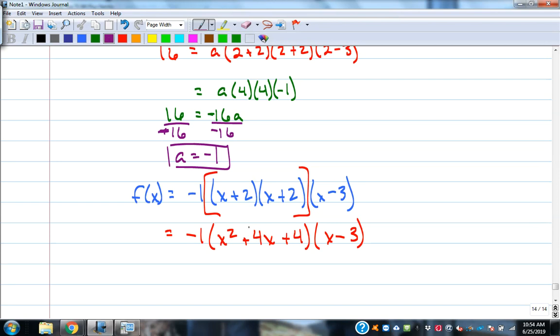So it's going to be x times x squared is x cubed plus 4x squared plus 4x. And then I've got a -3 x squared. Oh, excuse me, -12x and a -12. And I'm going to simplify that.